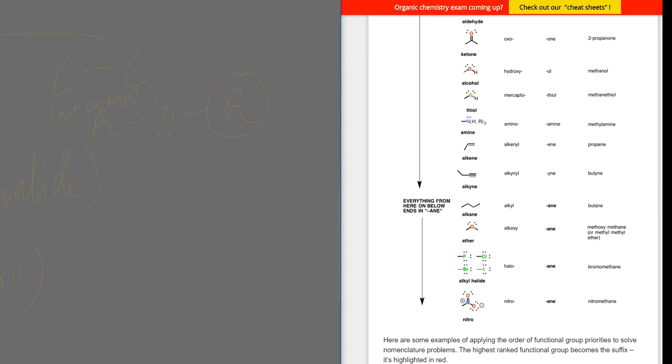I'll just leave that to visualize. This second R, if it was hydrogen, then this carbonyl would be like aldehyde, and carbonyl plus another carbon group would be an ester. So something to just be careful of.